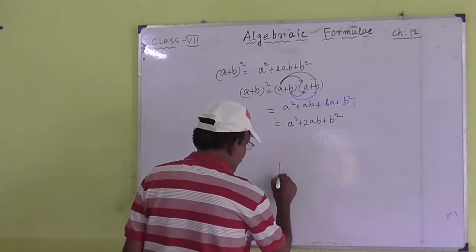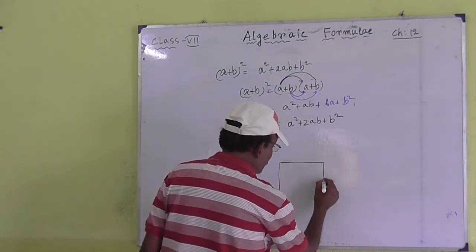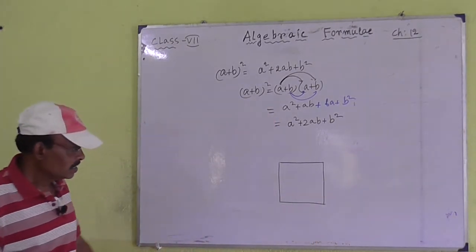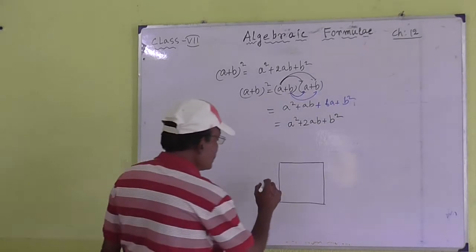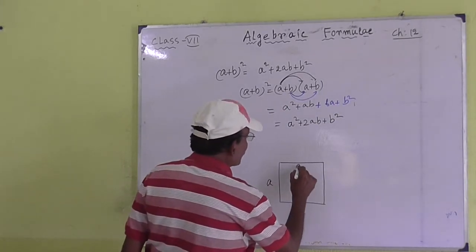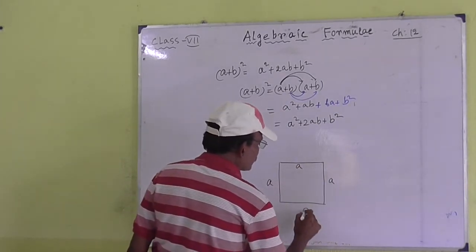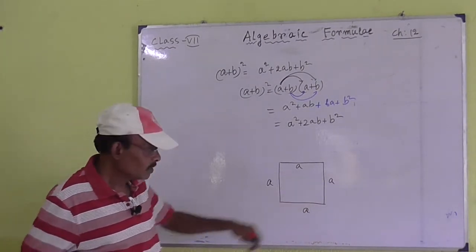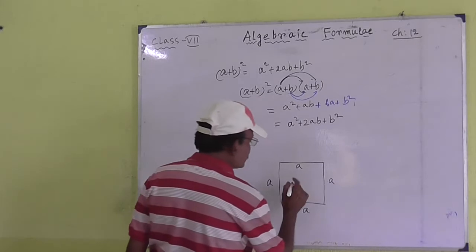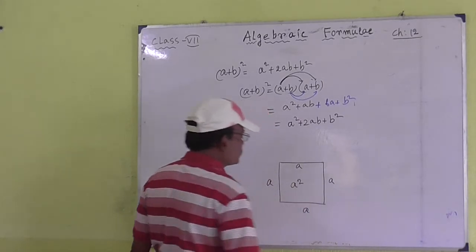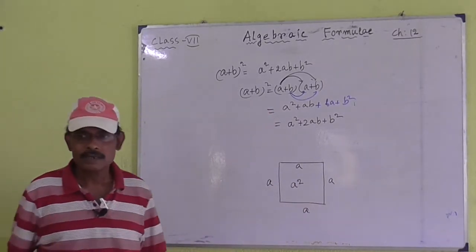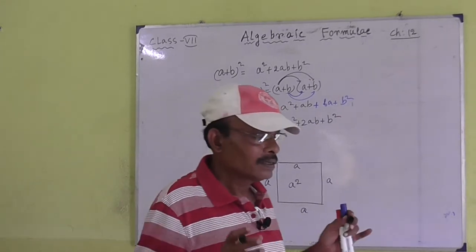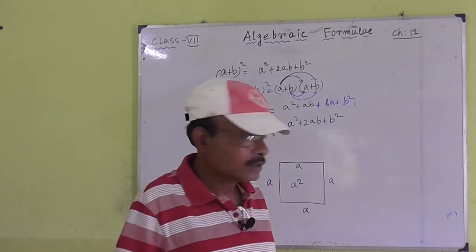Let us take this square. Each side is taken a. So, its area will be a square, because we know that the area of the square is the side square.